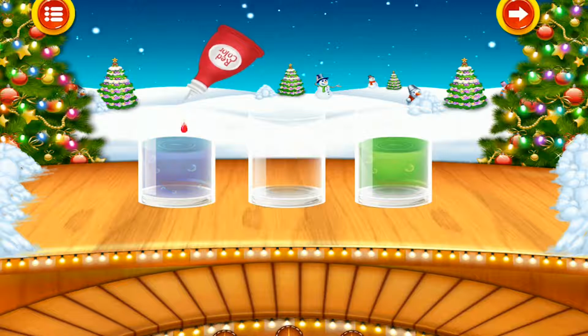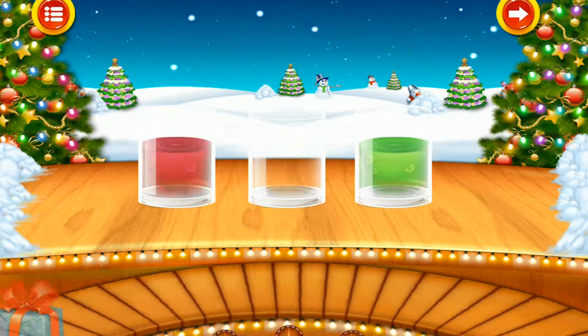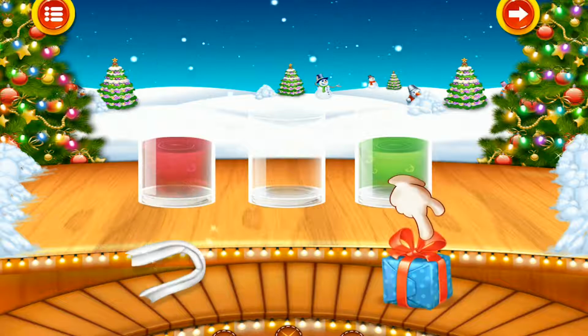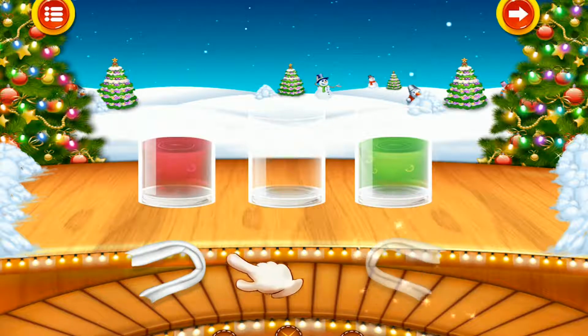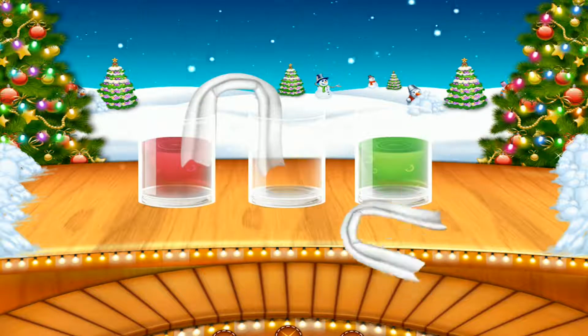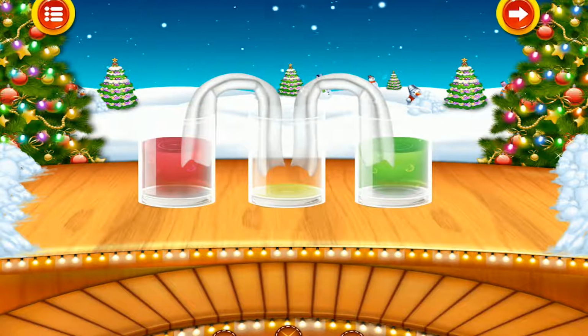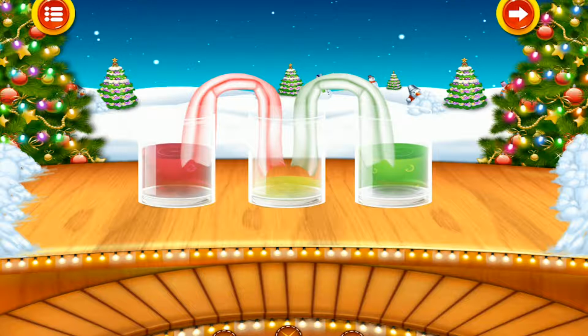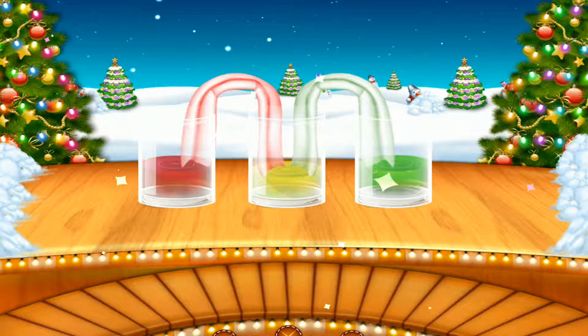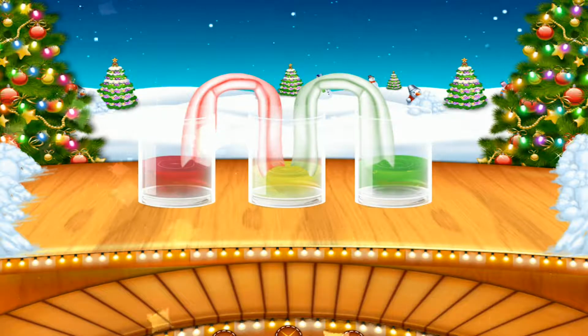Add red color to the second glass. Place a paper towel between the first glass. Place another. Leave it for some time. What did you observe?